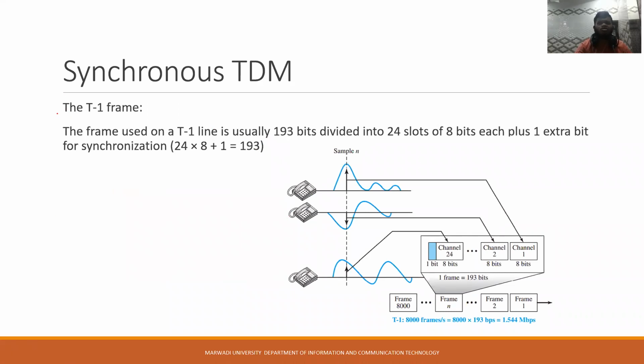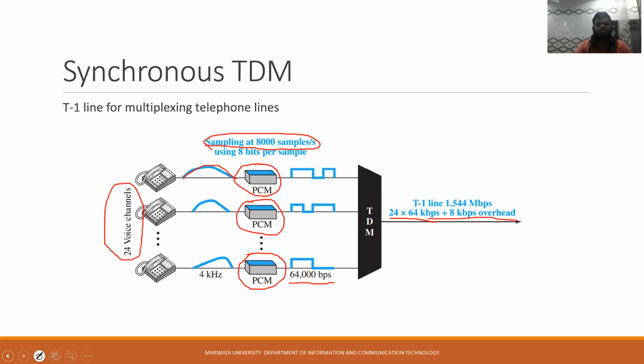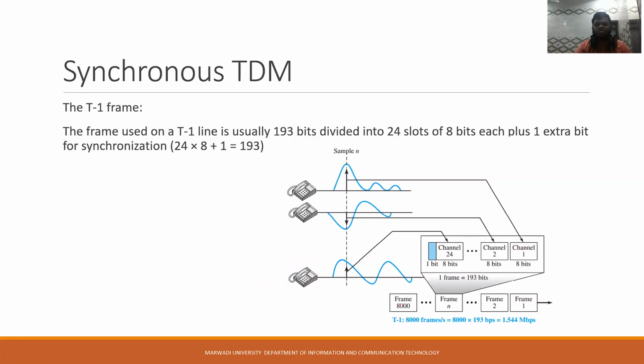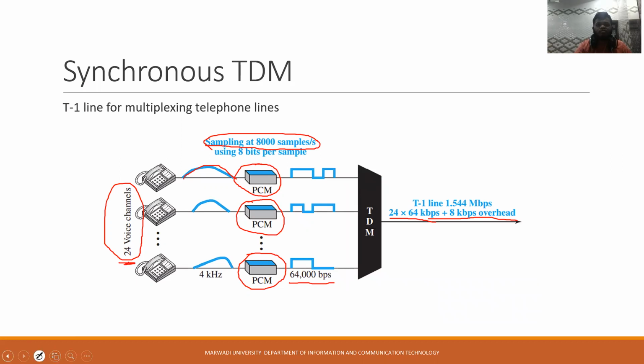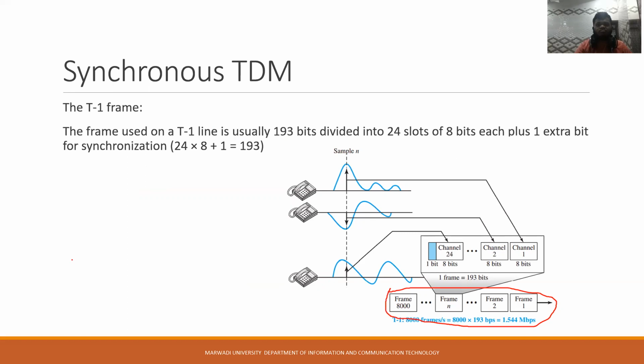Now let's look at the structure of the T1 frame. As we saw, we have 8,000 samples per second, so we have 8,000 such frames per second. Each frame has 24 slots because we have 24 such connections, and each slot has 8 bits.